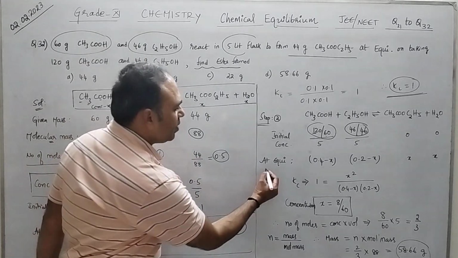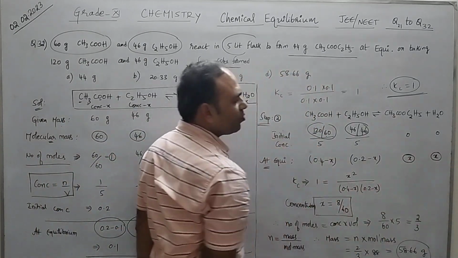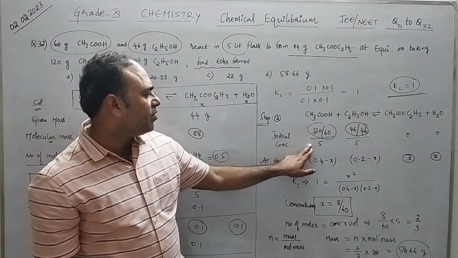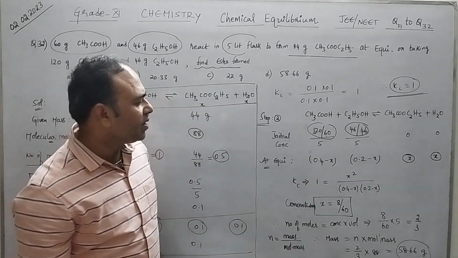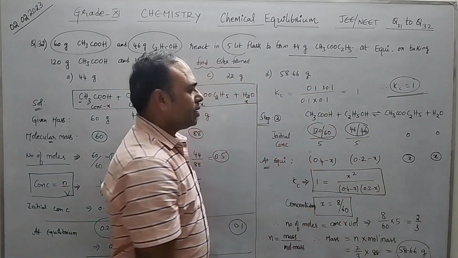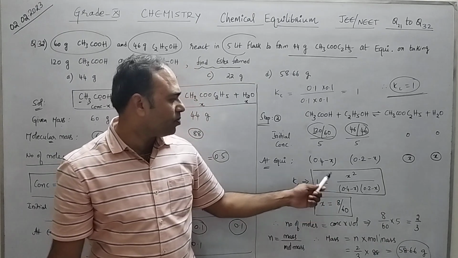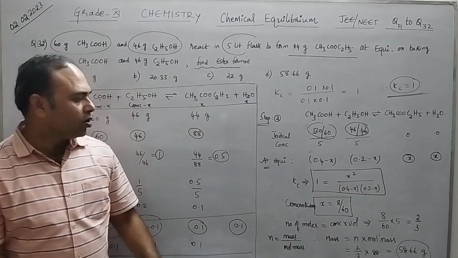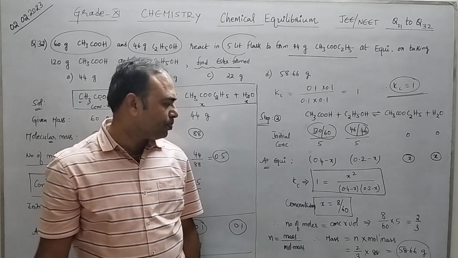And at equilibrium, let us take the concentration of ester as well as water as X. So 0.4 minus X, 0.2 minus X. Apply the value of Kc, which is equal to 1. The products X into X, X square, divided by the reactants 0.4 minus X into 0.2 minus X. Hope you have understood up to this. So you get the value of X as 8 by 60.